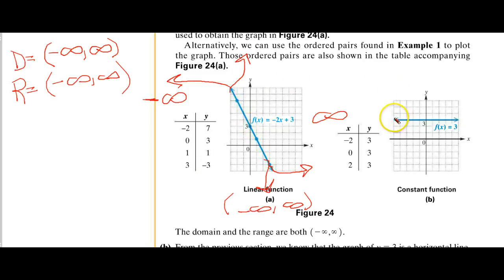Now, how about for this horizontal line here? What will be our domain? Well, here definitely it's going off to negative infinity, and here to positive infinity. But how about our range? The range is only at one spot, at 3. So we write the range as, in a bracket now, we put a 3 in there, and that's our range. Only that.